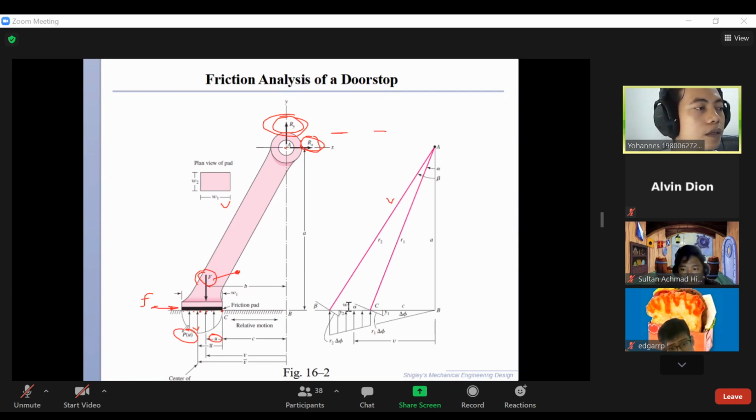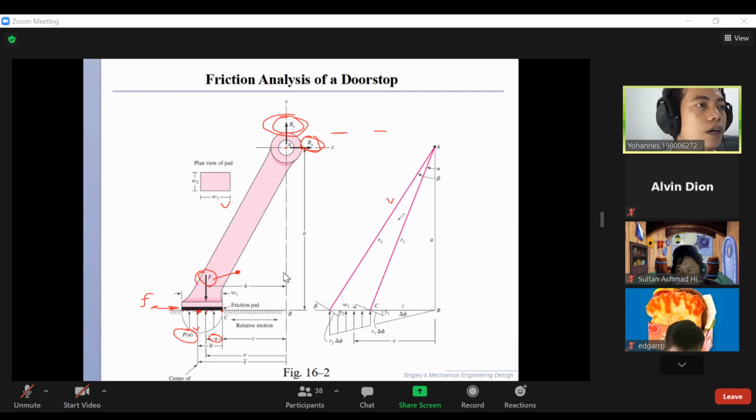And the pressure distribution is also a function of this position. Then the center of the normal force will be different if the distribution changes. So for example, for this parabolic distribution, maybe the normal force will not apply in the middle, but on the left side or the right side of this point, depending on the distribution.